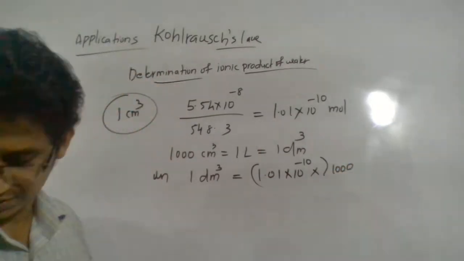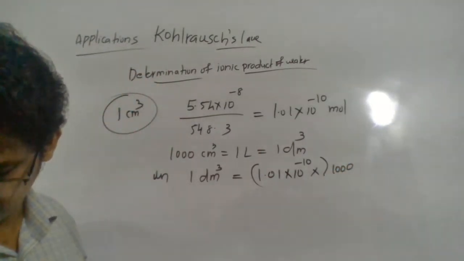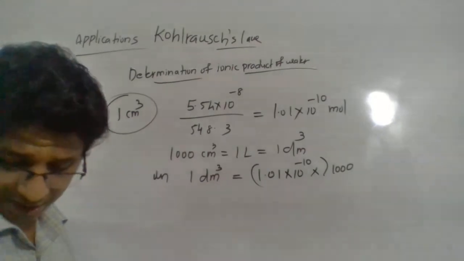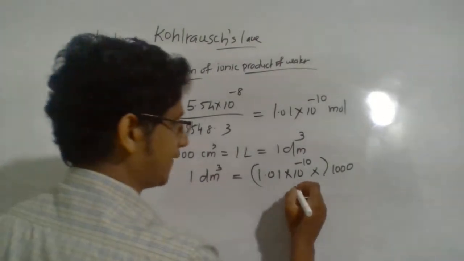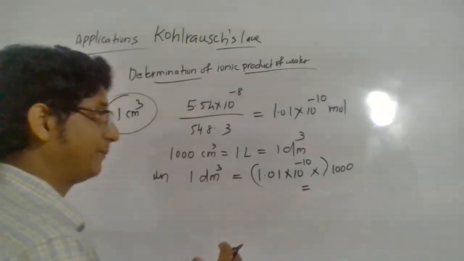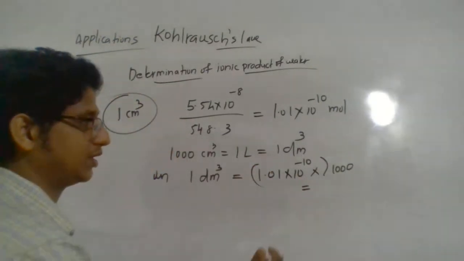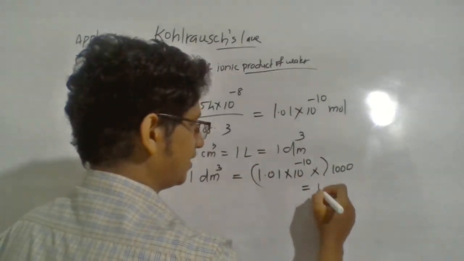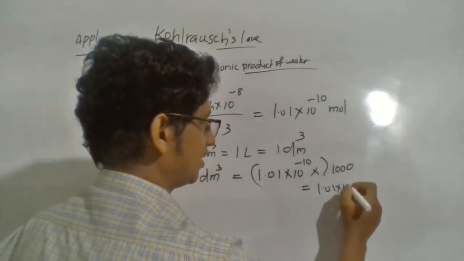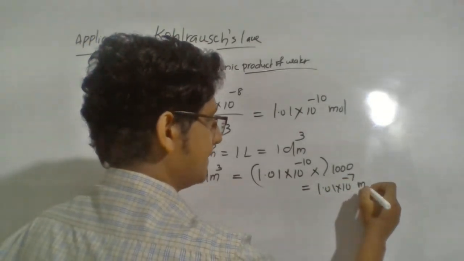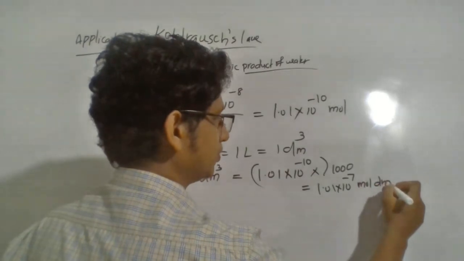This time you are getting the concentration of H plus ion and OH minus ion in mole per decimeter cube. Here it was mole per centimeter cube. So if you multiply, you will get 1.01 into 10 raised to minus 7 mole per decimeter cube.